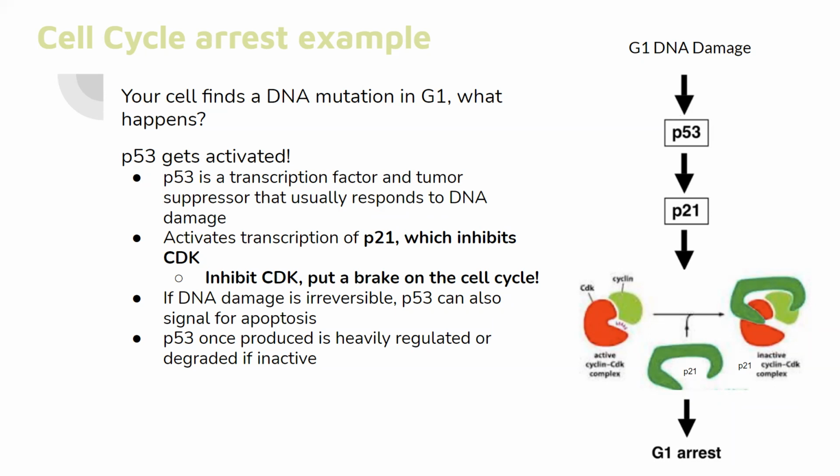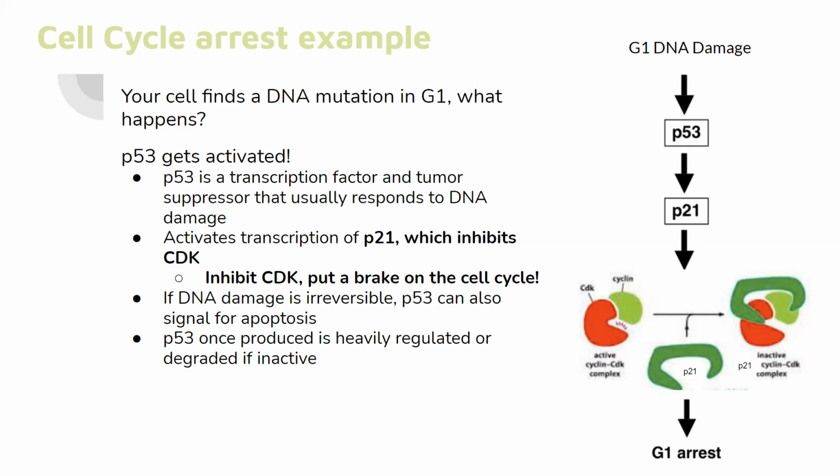Yeah, no worries. So that's actually what this particular slide is talking about. So like an example, if there happens to be a mutation right after G1, usually after each phase, the cell puts a cycle break just to make sure everything's working correctly. So now if there's a mutation in G1, P53 would get activated. And P53 is a transcription factor, and it's also a tumor suppressor.